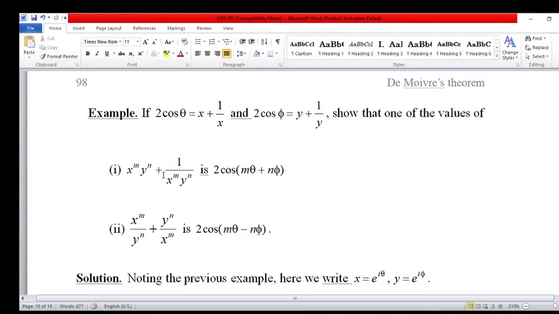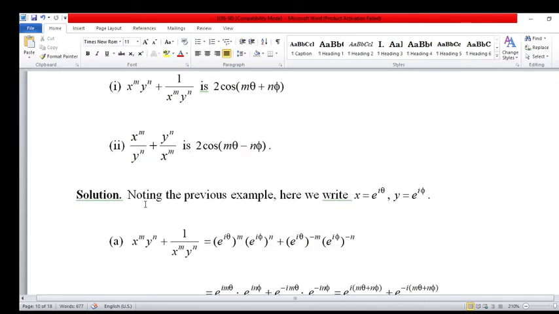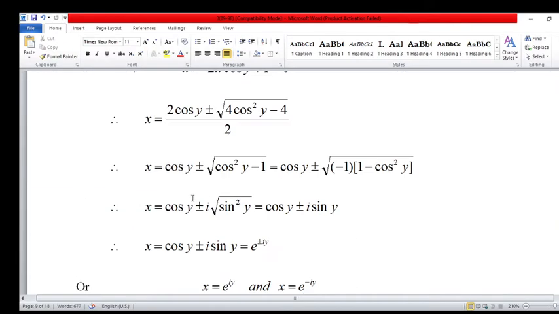This is for plus, and these are the different values of 2 cos m theta plus n phi, and here minus.